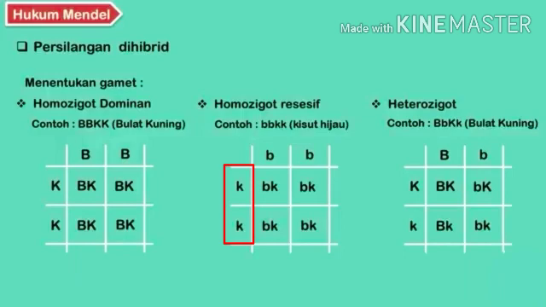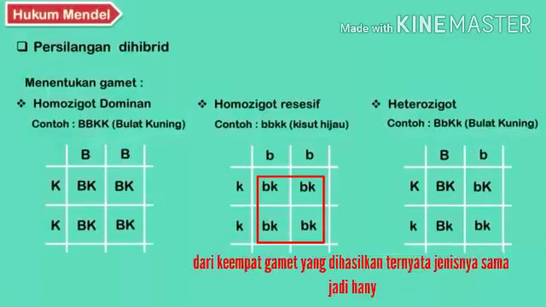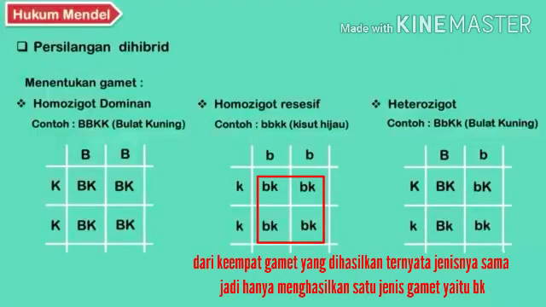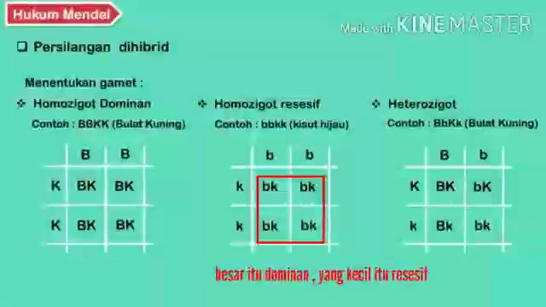If we match the column and row, the contents are bk, bk, bk, and bk. From the four gametes produced, it means that they are of the same type. So it only produces one type of gamete. It is bk. Remember habibi wa habibti, big is dominant, small is recessive.